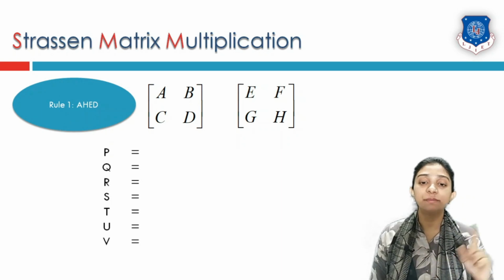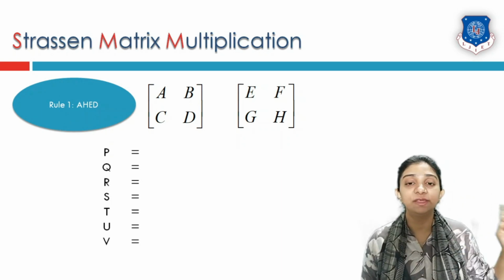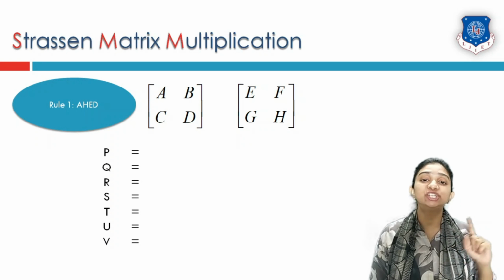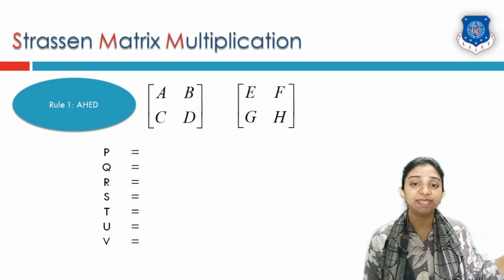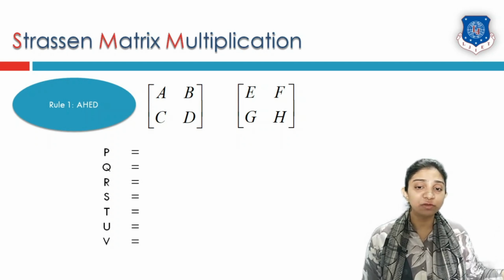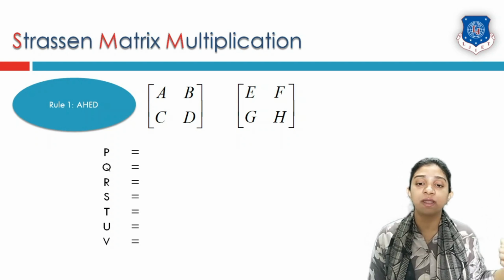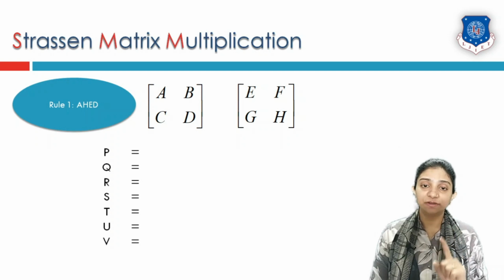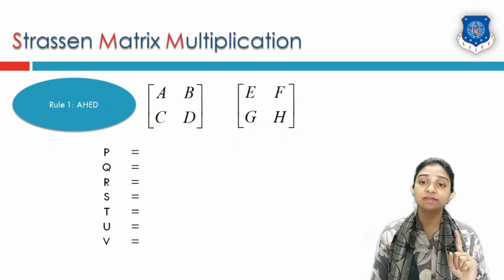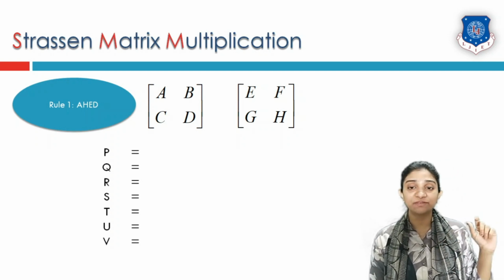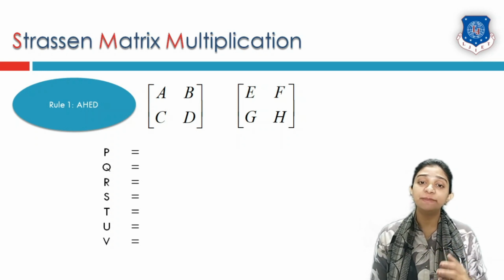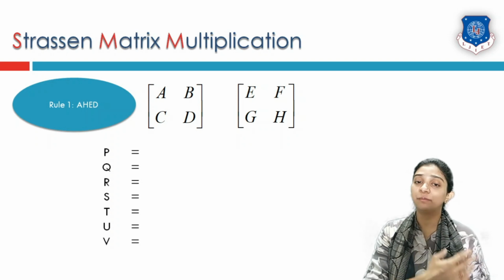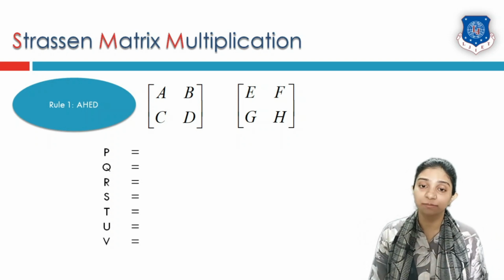The first rule to remember these 7 formulas is AHED. So we will write down A, H, E and D in our 4 terms P, Q, R and S. But here, make sure the component which belongs to the first matrix will appear as the first term and the component which appears in the second matrix will always appear as the second term.